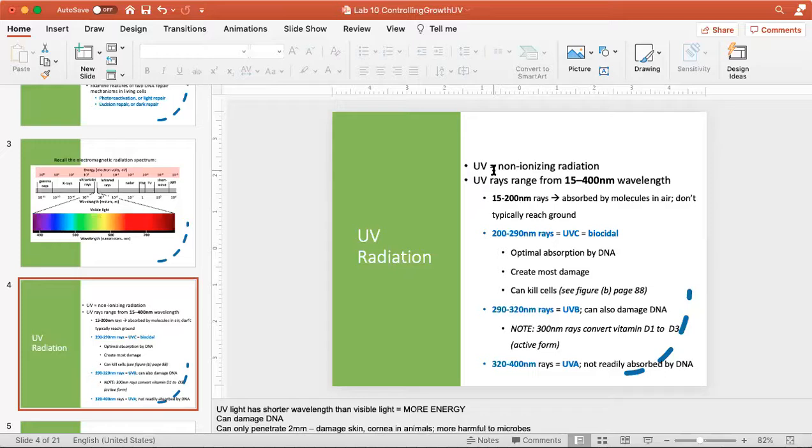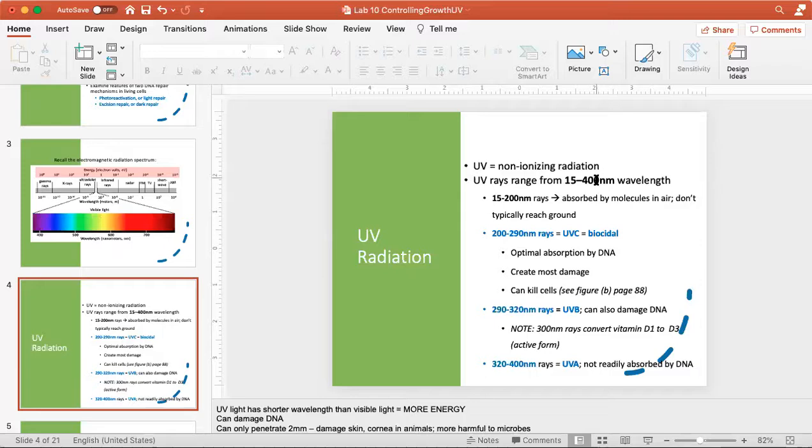It's not powerful enough. Now, when it comes to the actual wavelength of UV, we're talking about a range. So just like visible light, ultraviolet does not have one wavelength. It has a range of wavelengths. It ranges from 15 up to 400 nanometers in wavelength. Think about how small that is.